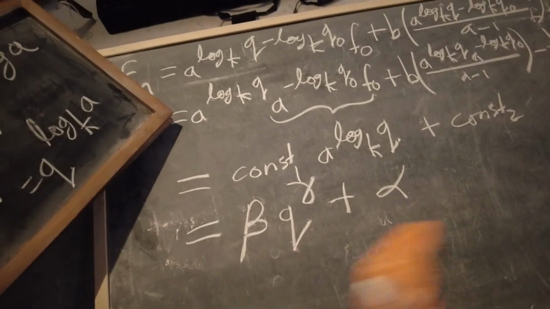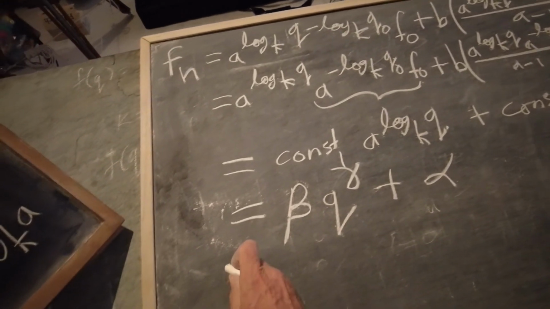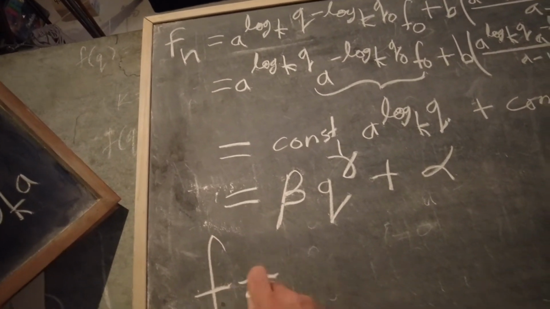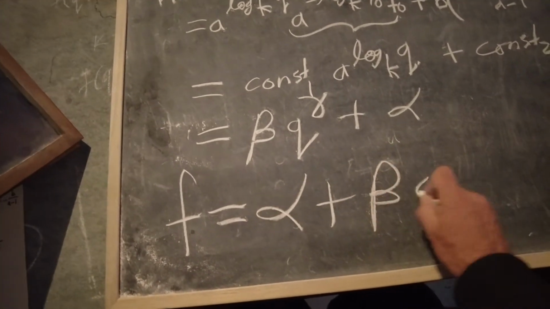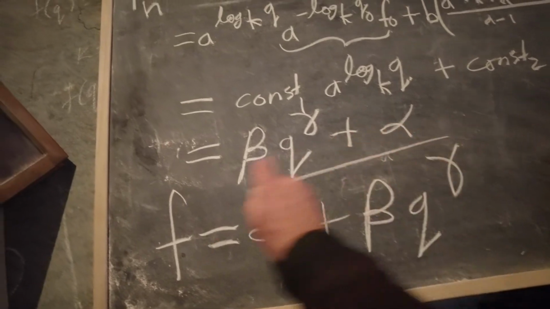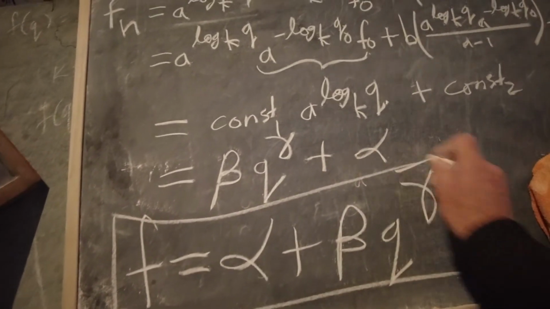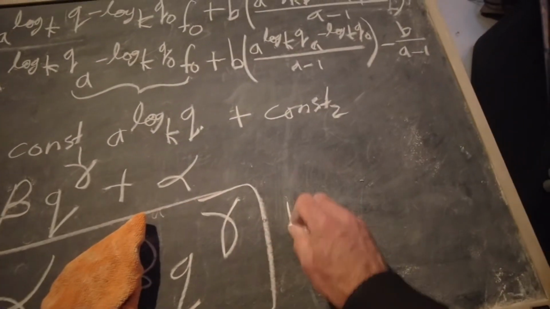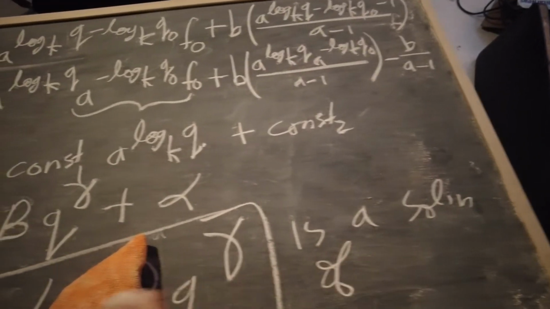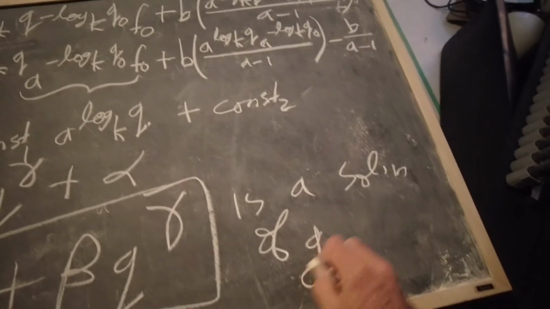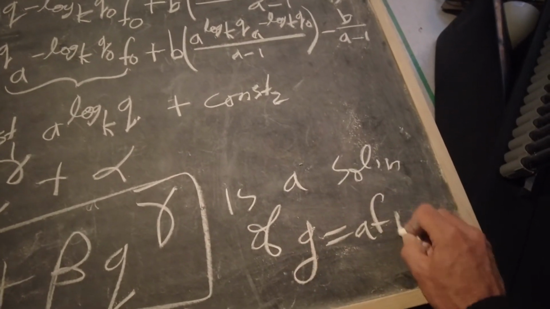So we can see, more generally, that f equals alpha plus beta q to the gamma is a solution of g equals af plus b.